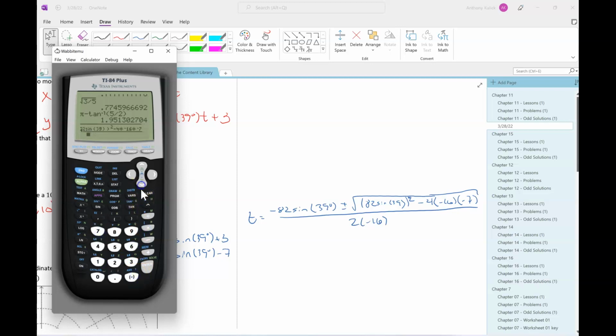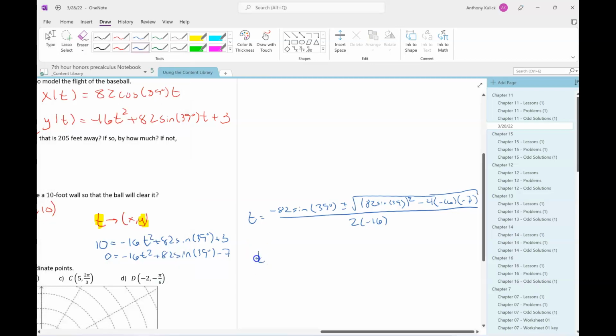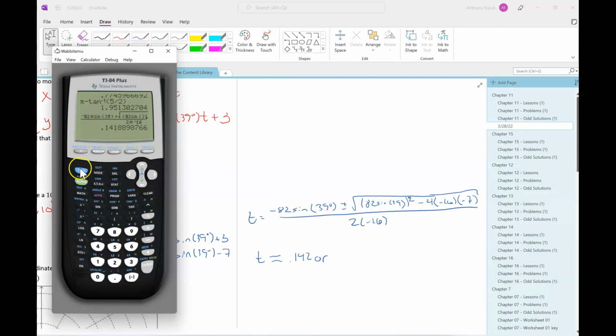So get the rest of those in there. So I get 0.142-ish. And then my other one will be when I subtract.